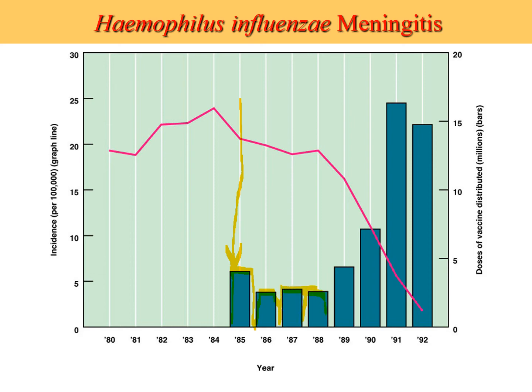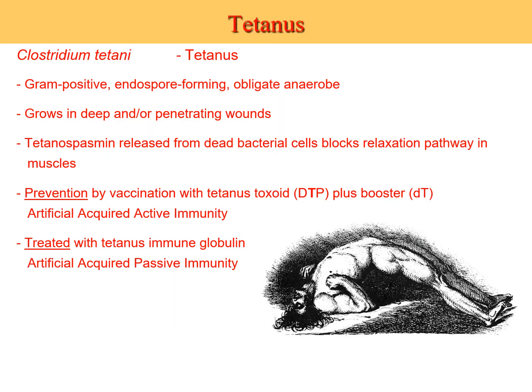This is data from the United States, and these are millions of doses. As it became more widely distributed, the incidence of the disease dropped off significantly. Vaccination is a powerful thing. This vaccine is called the Hib vaccine, Haemophilus influenzae type B.